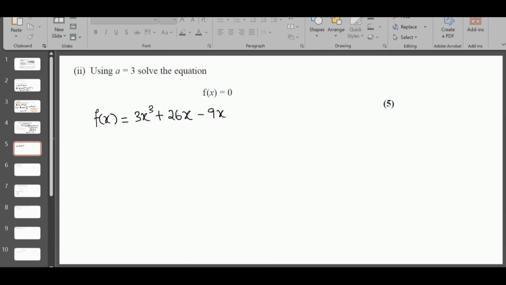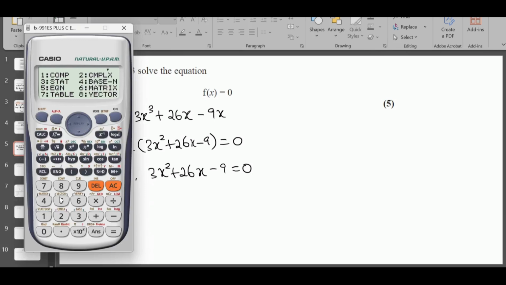Okay, so equate it to 0. Take x as a common factor. So x is equal to 0 or 3x squared plus 26x minus 9 is 0, which is a quadratic, so solve it.